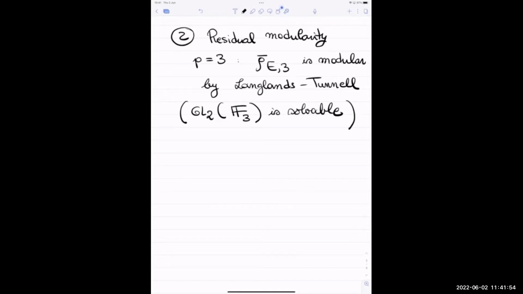And one subtlety here is that this Langlands-Tunnell theorem gives a priori just a weight 1 modular form whose associated residual mod 3 representation is isomorphic to the one that we have, rho bar E,3. And there's an extra step where one needs to construct a congruence from weight 1 to weight 2, because being modular really meant that there was a weight 2 modular form attached to our elliptic curve E. So there's a subtlety about going from weight 1 to weight 2.